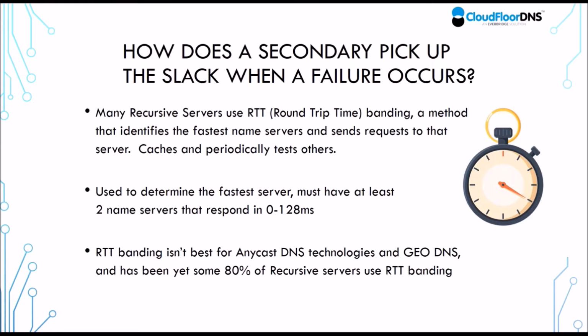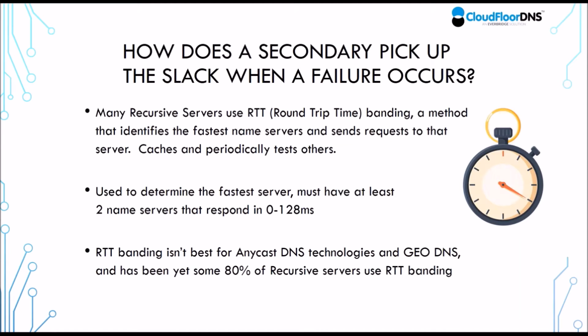It determines, okay, this one's faster now, I'm going to start sending more to this. There are a lot of servers out there that use RTT banding, but recently it's not really the best method, primarily because of anycast DNS technologies. You might go to a server that's not necessarily closest to you and faster, or it could be faster but not closest.